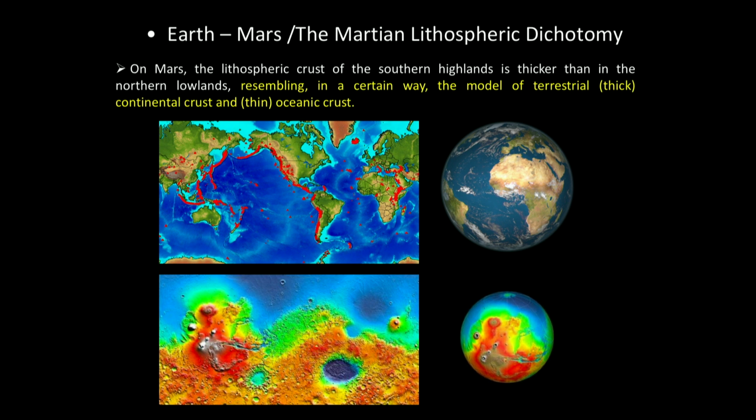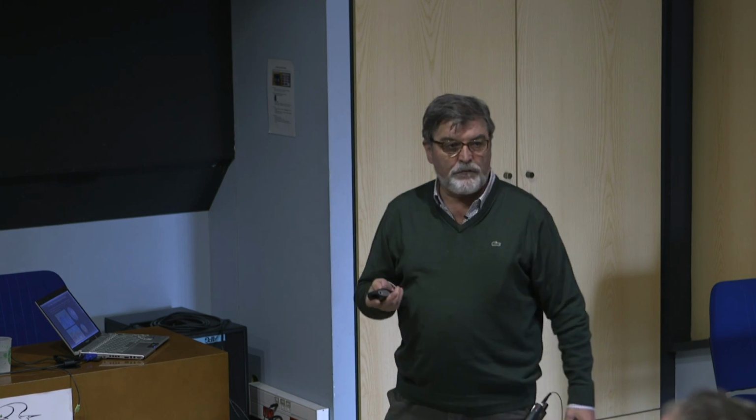This is a very broad link, but in a certain way on Mars the lithospheric crust of the southern highlands is thicker than in the northern lowlands, resembling the model of terrestrial thick continental crust and thin oceanic crust. So our planet as a whole could be used as a general model, comparing this continental crust and oceanic crust.